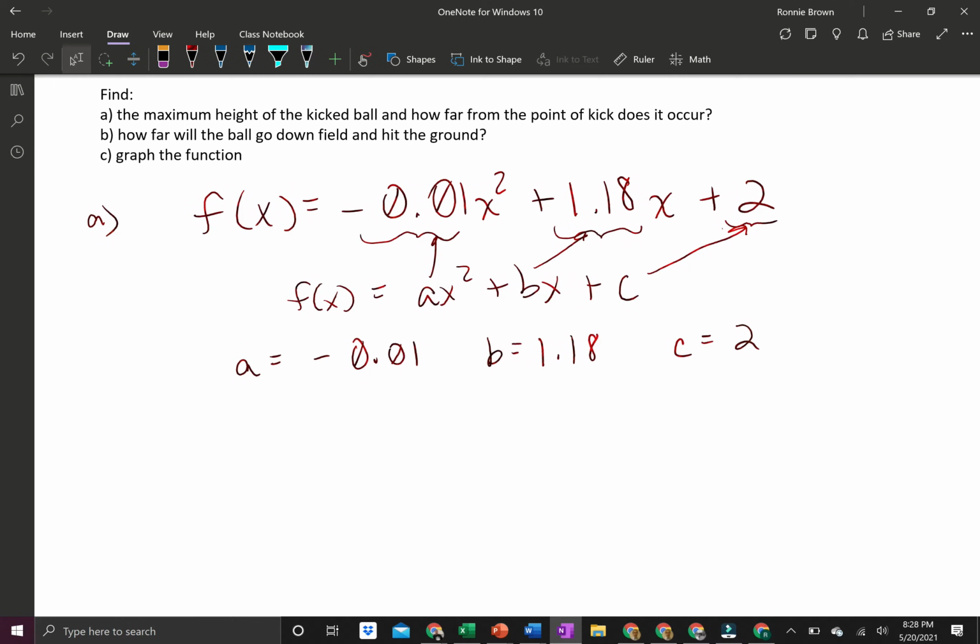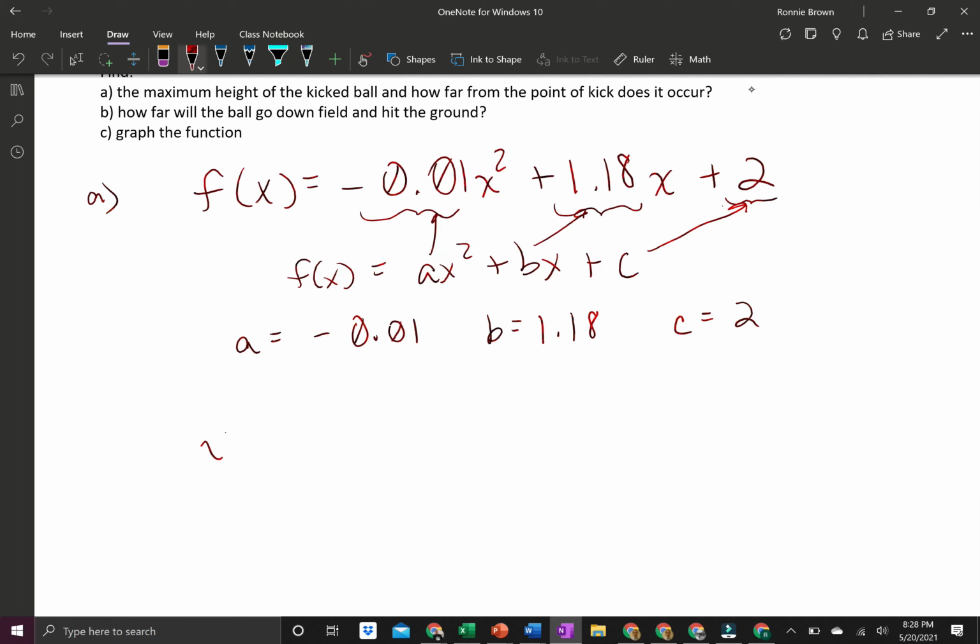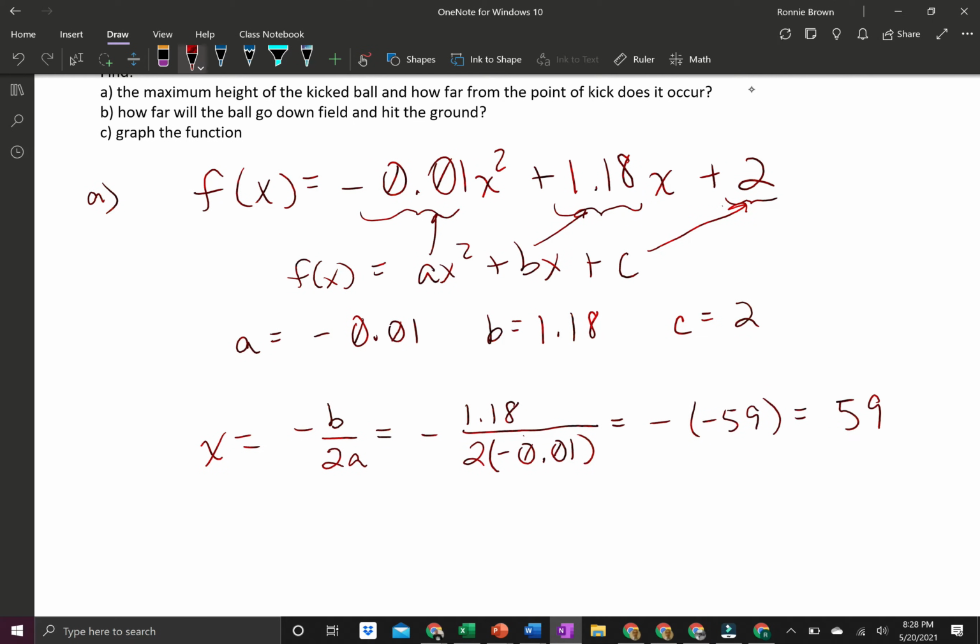Alright, now we can go ahead and plug it into our formula x equals negative b over 2a. Our b is 1.18, and 2 times our a, which is negative 0.01, and I get a negative of a negative 59, which is 59.